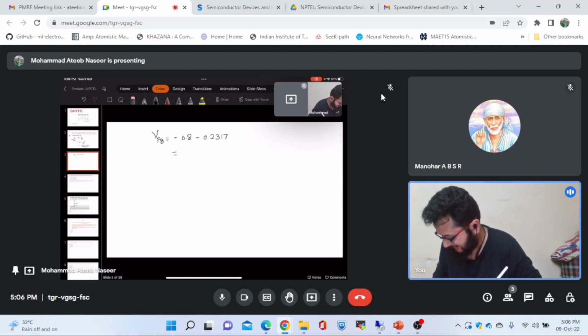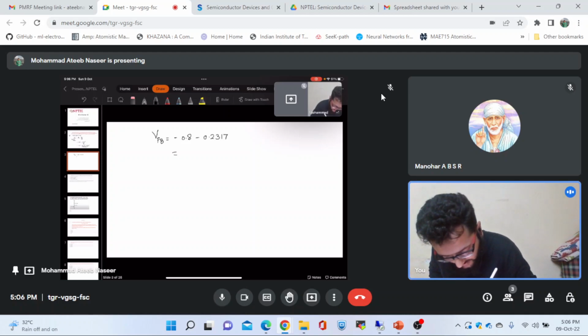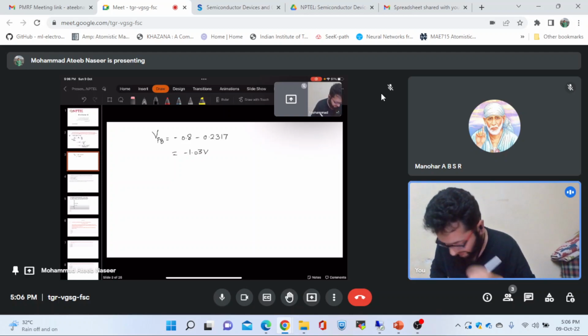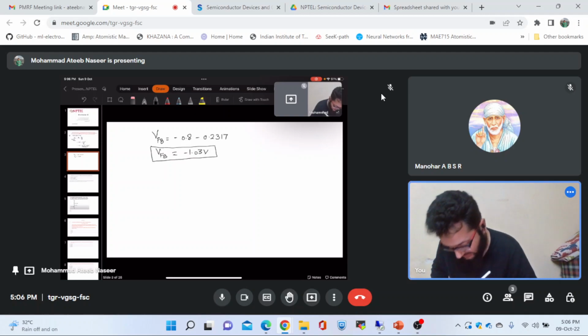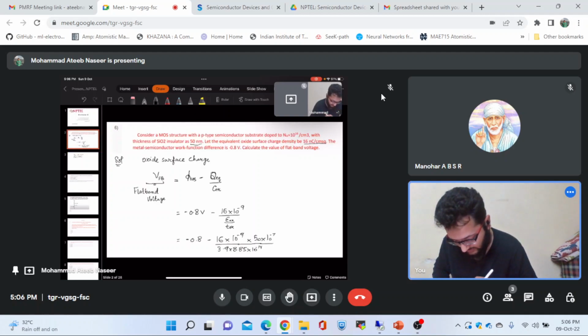Now, if I add these values, it should simply give me the flat band voltage. So it comes out to be equal to minus 1.03 volts approximately. So this is our flat band voltage that we were required to find in this problem.